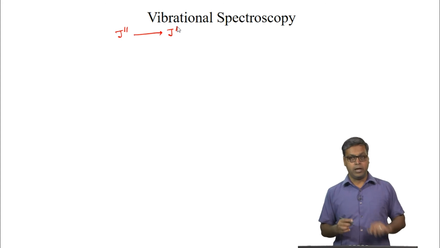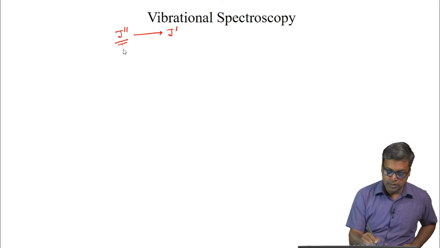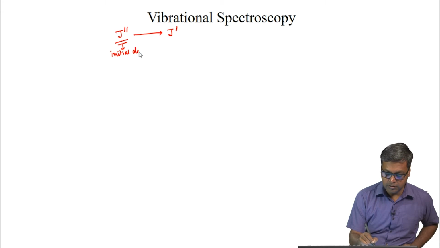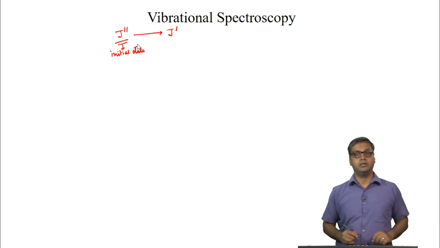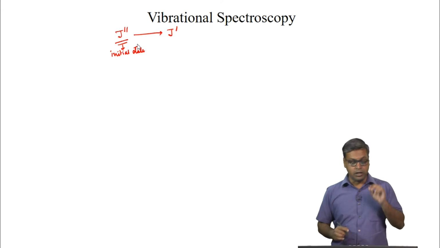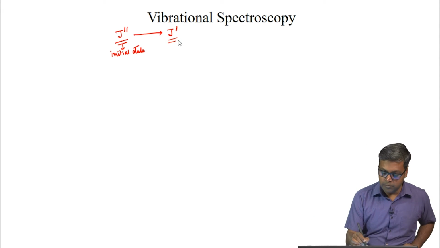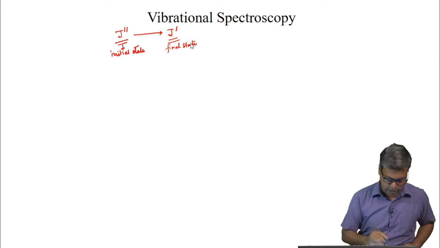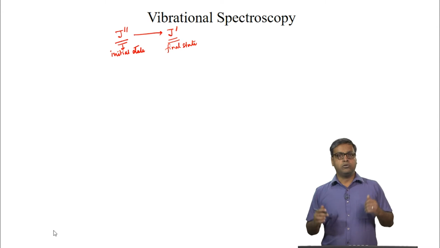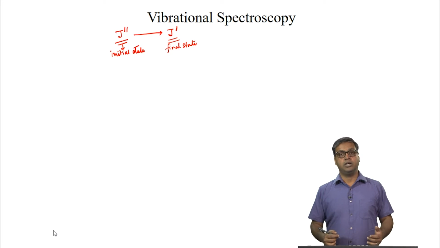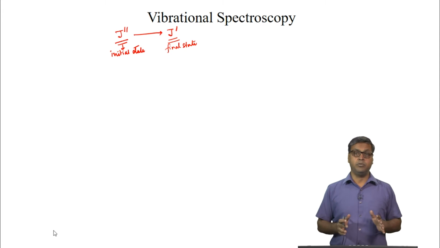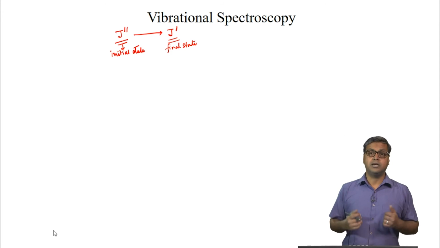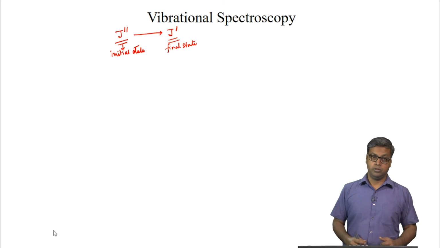This double prime indicates the initial state and the J prime indicates the final state. This is purely a convention and we have discussed it before when we were discussing rotational spectroscopy.